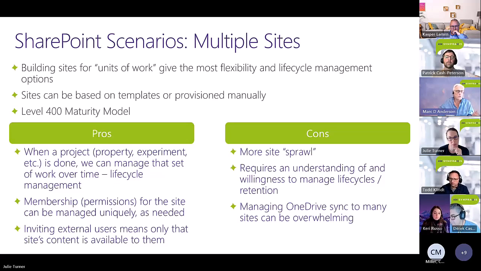So if you think about right-sizing everything that you do into containers, and we use the word containers a lot because it can mean site, library, folder, containers that allow you to treat content differently based on what your process is, what your culture is, what your work product is. So multiple sites, we usually think about building them for different units of work.